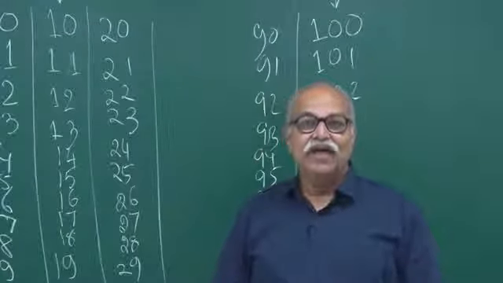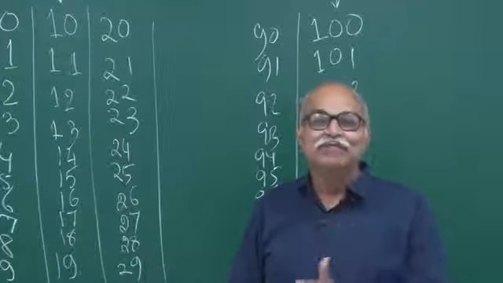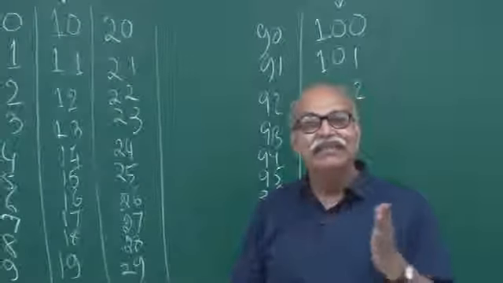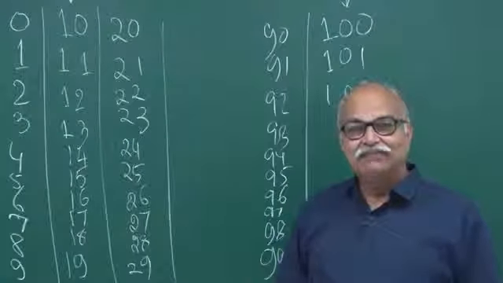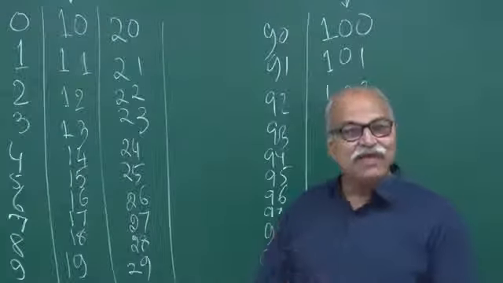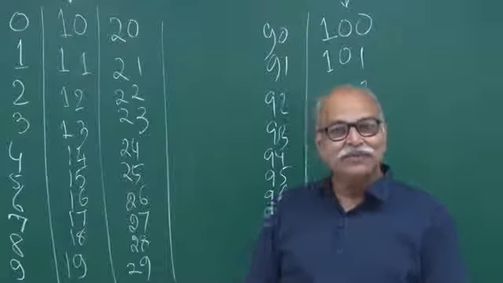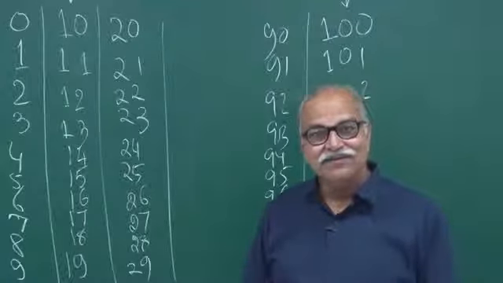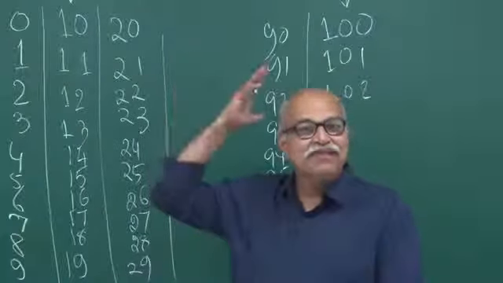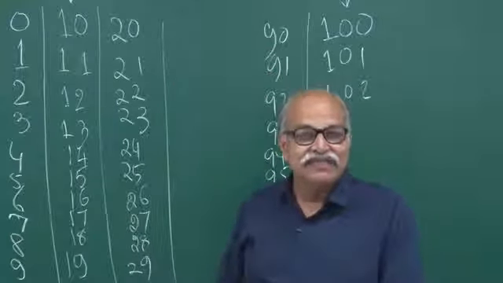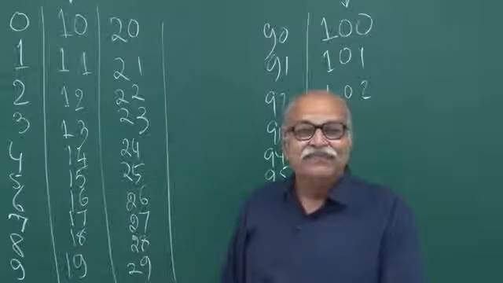Now if I don't use 10 symbols, use only 2 symbols, that is the binary number system. And that also, the first written use of this binary system, the credit goes to an Indian person called Pingla, way back in some 2nd century BC or somewhere in those times.